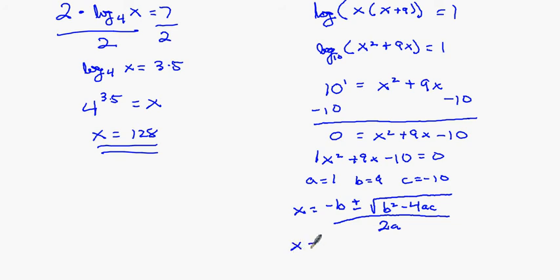Replacing the variables with values, I have negative 9 plus or minus the square root of negative 9 times negative 9, which is a positive 81, minus 4 times 1 times negative 10, all over 2 times 1.